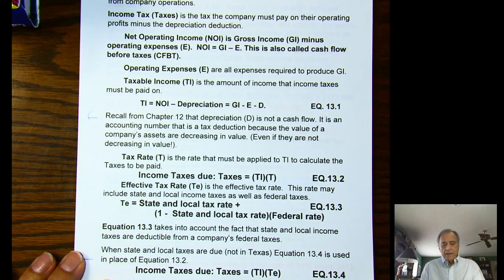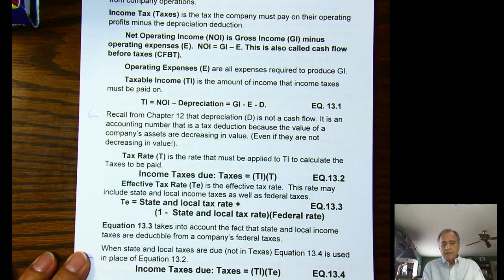And then finally, the income taxes due is the taxable income times the effective tax rate. These two equations are essentially the same. In this equation, T is just the tax rate, say, the federal tax rate; TE includes state and local or other taxes.